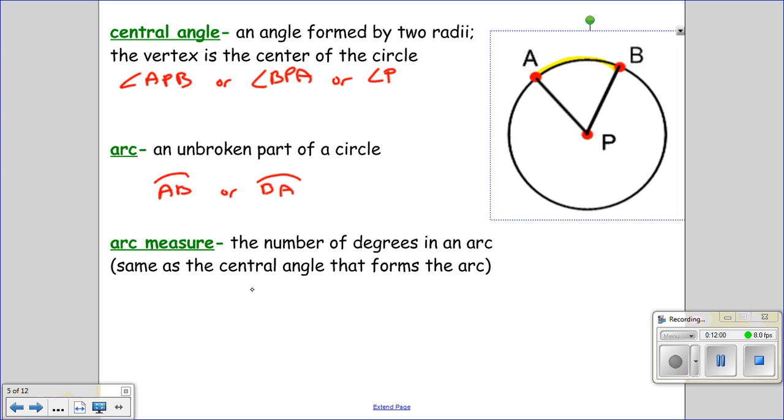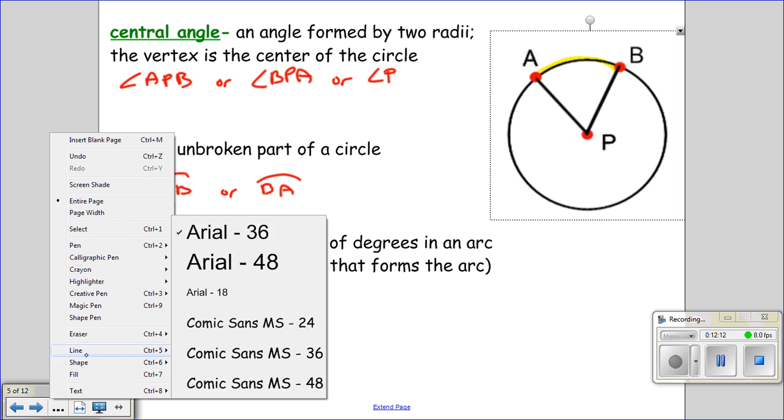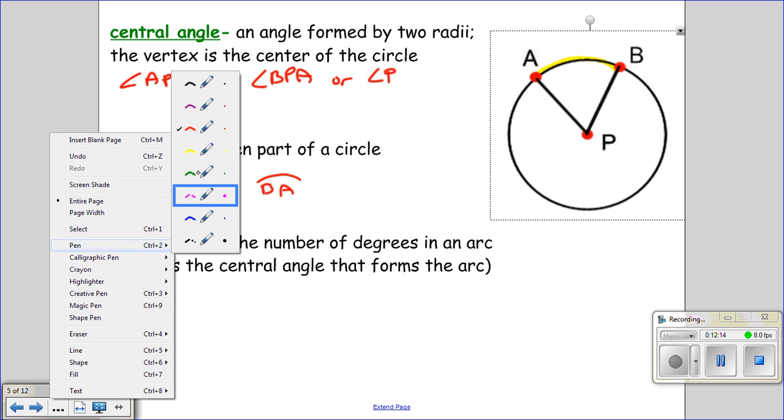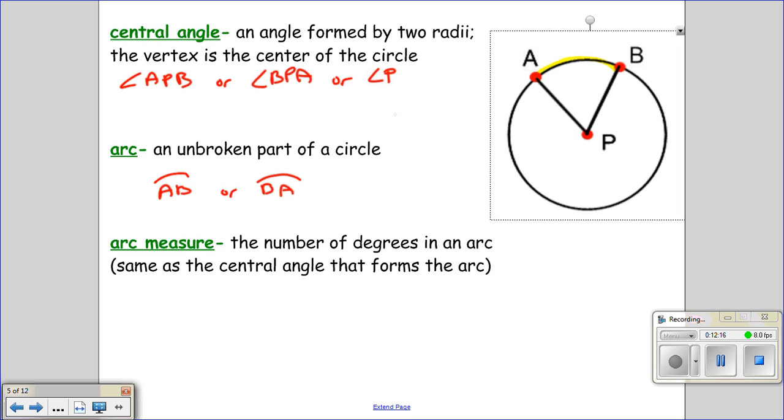To find the measure of the arc, it's the number of degrees, and it'll be the same measurement as the central angle. So let's say angle APB measured 35 degrees.